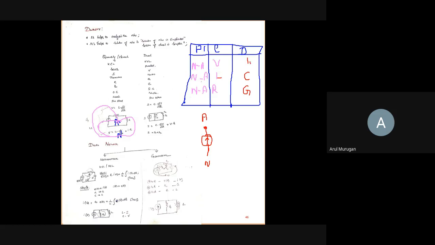When you draw, take column number 1 and 3. So n to A through C: here is a capacitance. Then n to A conductance. Over. So these are conversions.